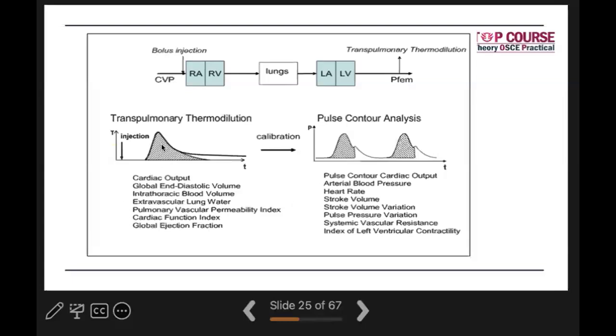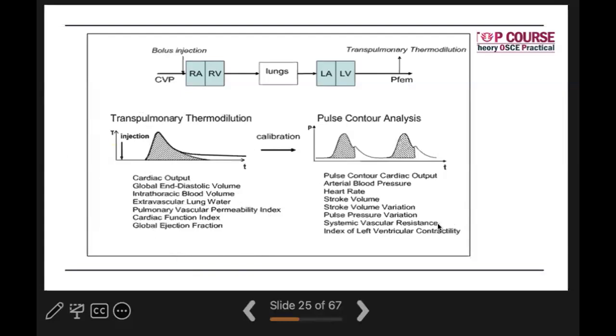So what are the values we are going to get with transpulmonary thermodilution? Cardiac output, global end diastolic volume, intrathoracic blood volume, extravascular lung water, pulmonary vascular permeability index, cardiac function index, and global ejection fraction. These are the major parameters we are going to get from the transpulmonary thermodilution.